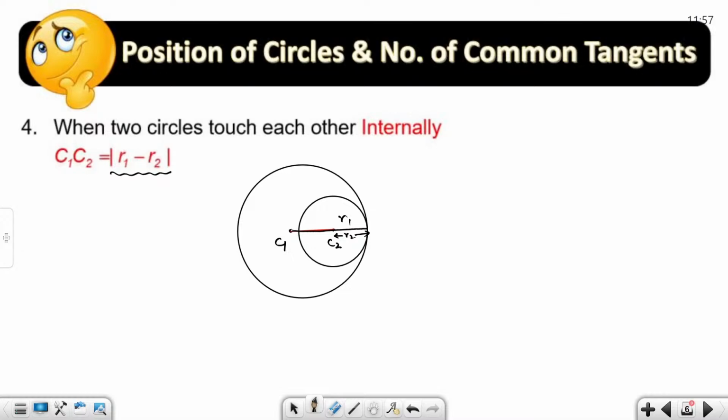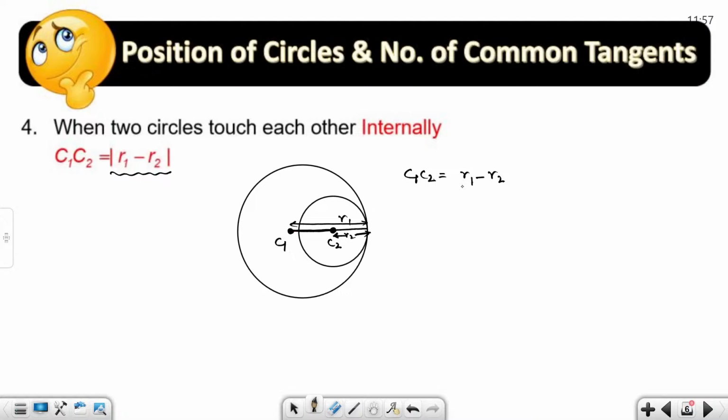So what is the length C1C2? Observe it. The distance C1C2 will be equal to this whole length minus R2. Yes or no? So what is C1C2? It is nothing but R1 minus R2.